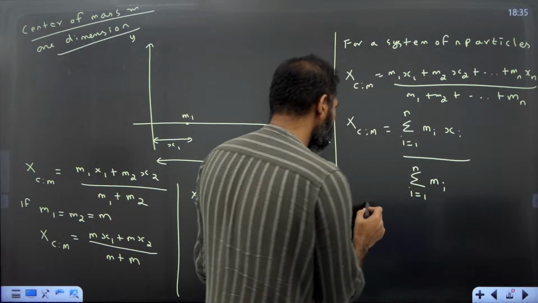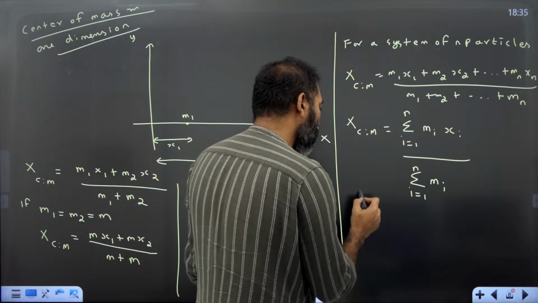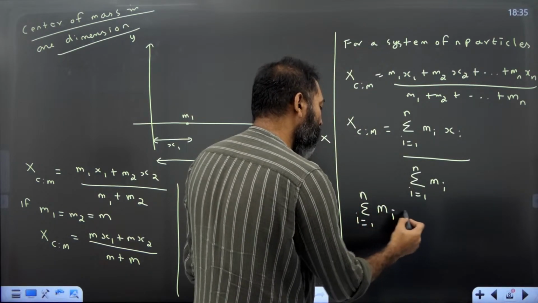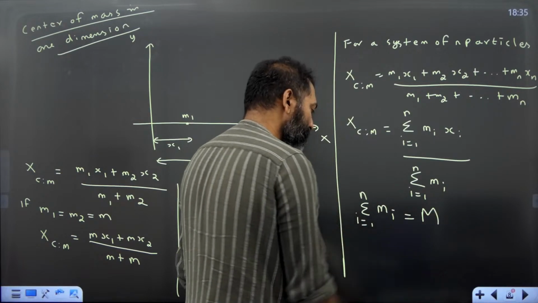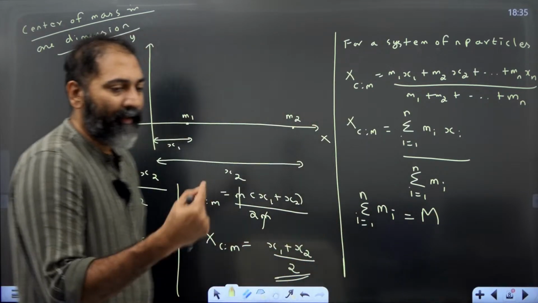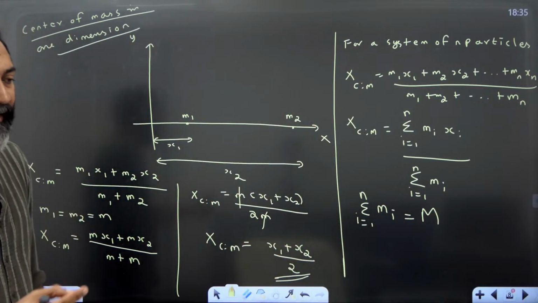Now what is sigma over i equal to 1 to n of mi? It is m1 plus m2 plus and so on plus mn. If you add the masses of each component, what you will get?